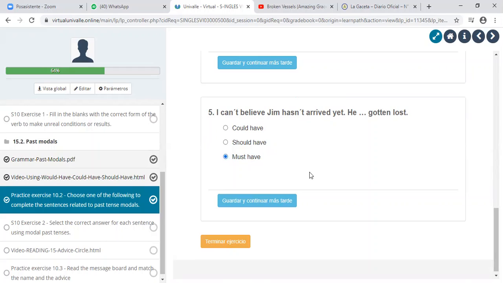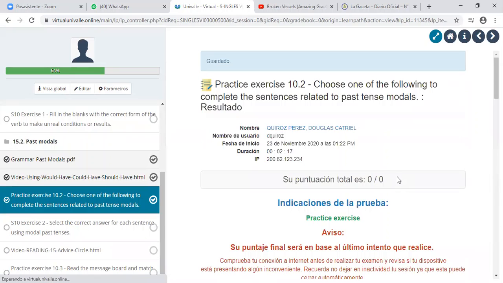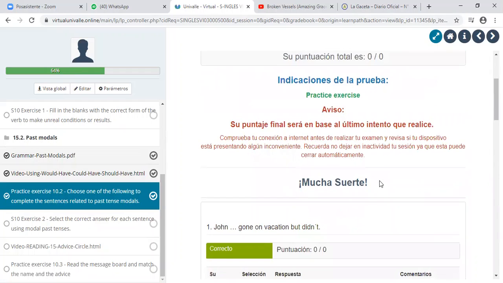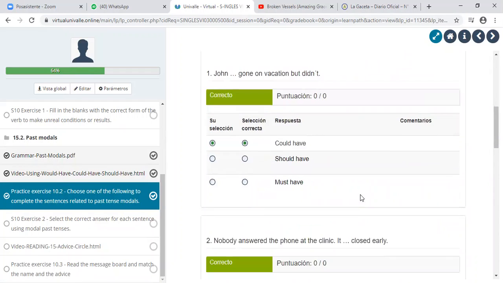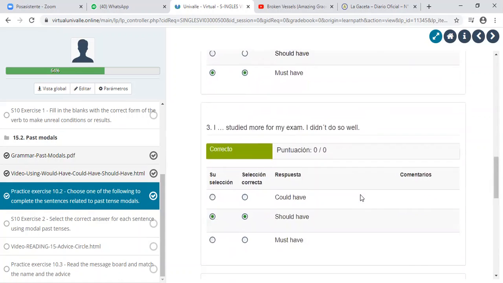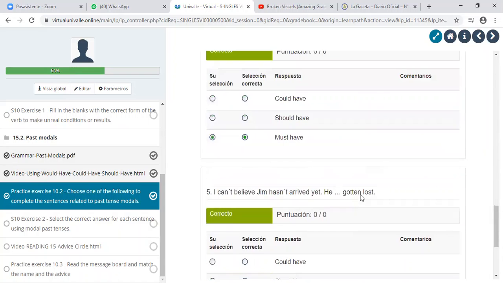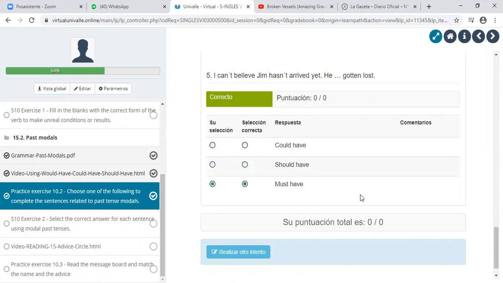So now we are going to submit our answers and check if they are wrong or right. Okay, number one is correct. Good job. Number two, very good. Excellent job. Number three, perfect. Number four, excellent. And number five, very good.